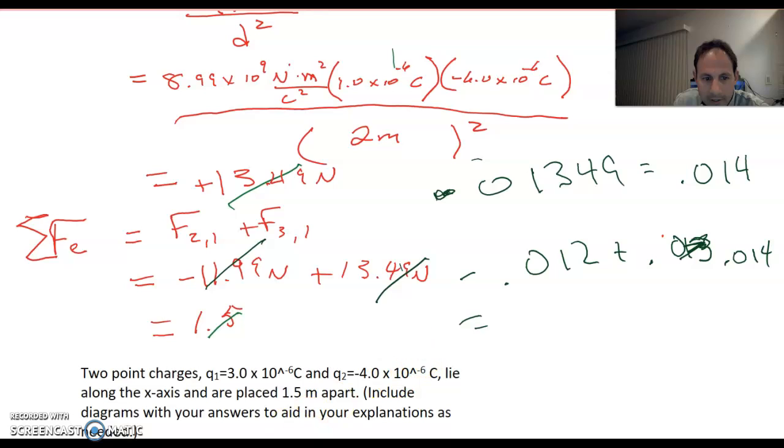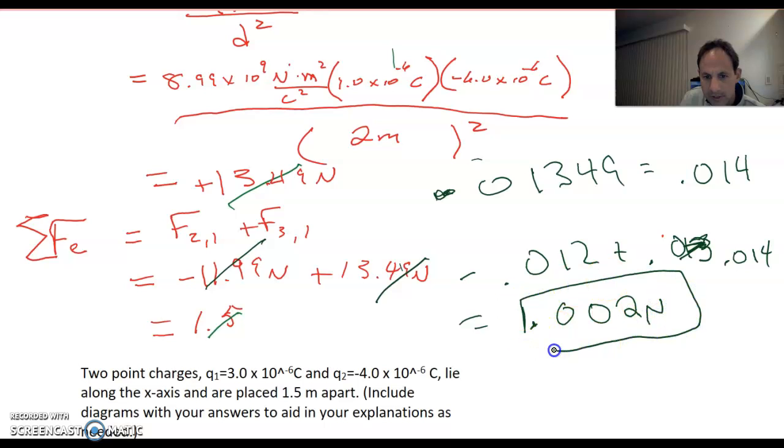And then that should have got you, and that would give you a value of 0.002 newtons. Okay, or depending whether or not you rounded, you might have got 0.0015 newtons. Okay, my apologies. Let's hope that's the last mistake we make.